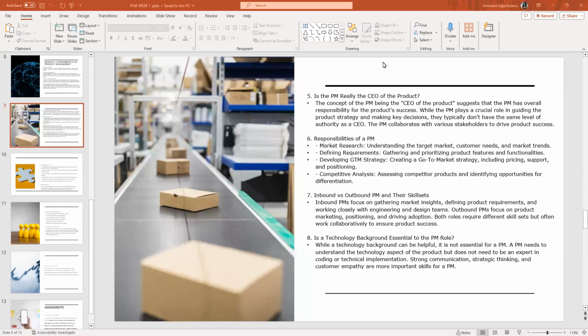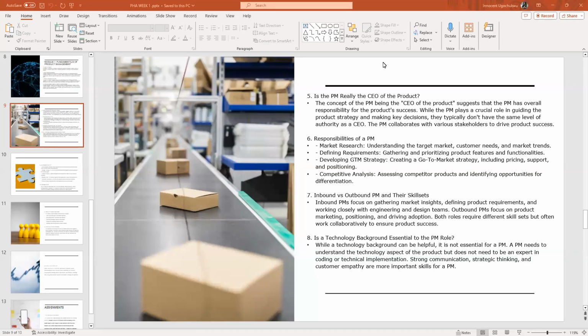But there are some organizations where you'll be both inbound and outbound. The outbound PM focuses on product marketing, positioning, and driving adoption. Both roles require different skill sets, but often work collaboratively to ensure product success.